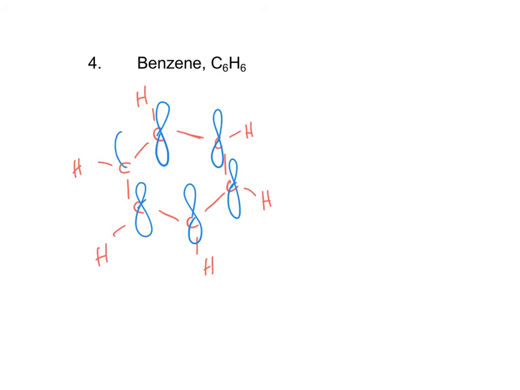You can think of these as being above and below the plane, and they actually bond to make pi bonds, sideways overlap. So I'm going all the way through this just to give you, before we get into the details here, just a picture of it.